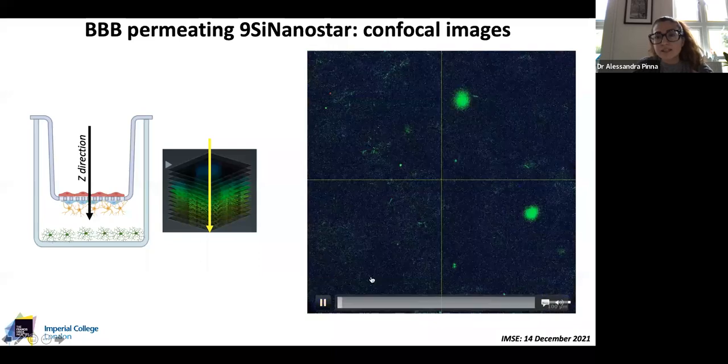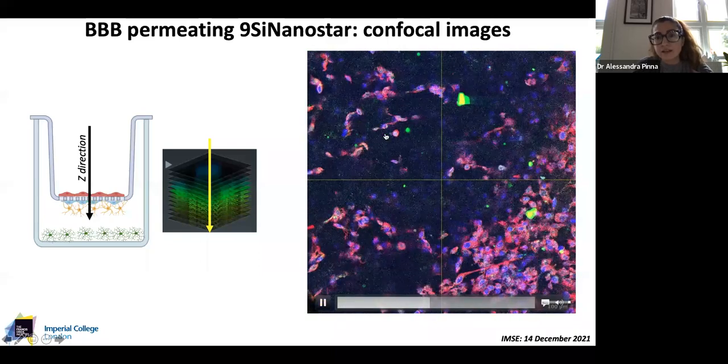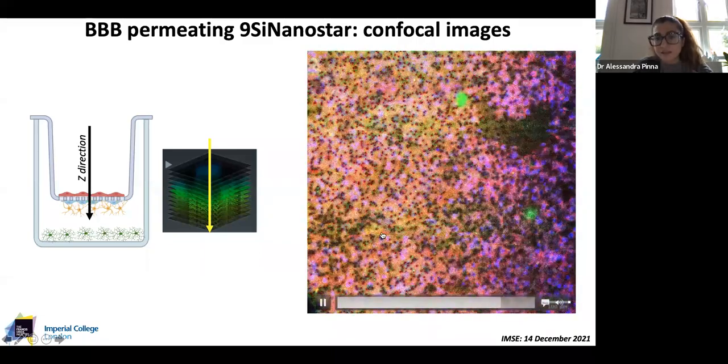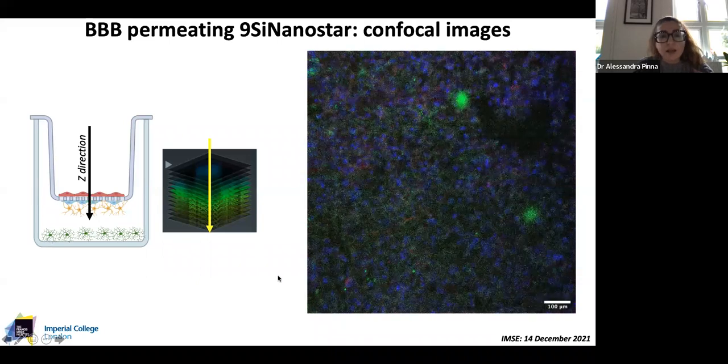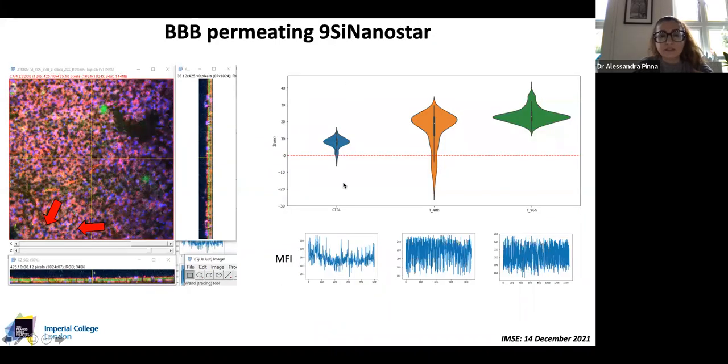What we can see here are these green dots, then here we can see the endothelial cells, the membrane, and then the astrocytes and pericytes. The first problem that we encountered was that when we took images of the control, we could see some green fluorescence coming from those samples.